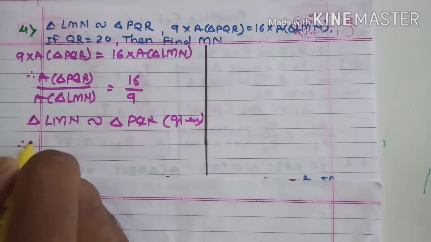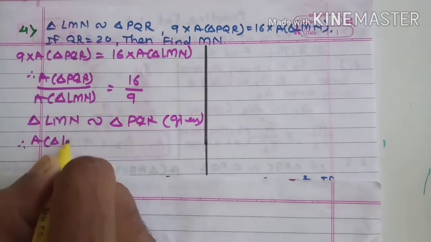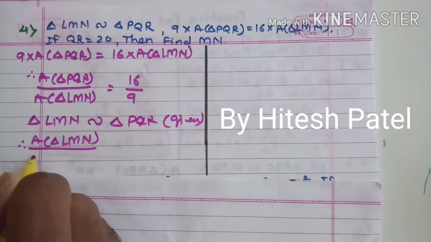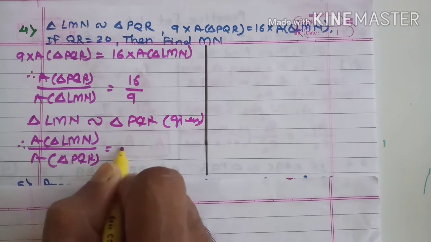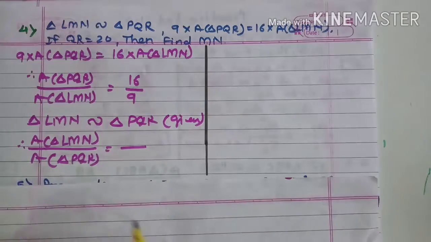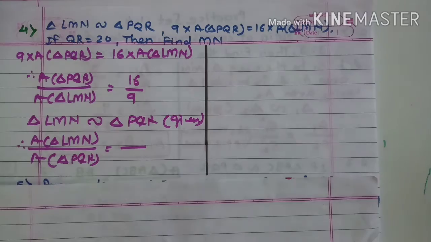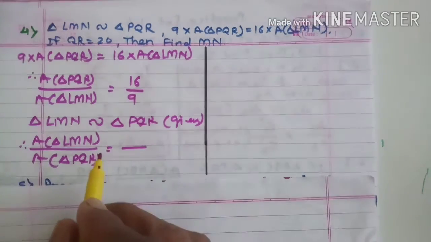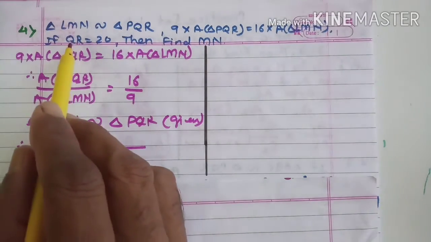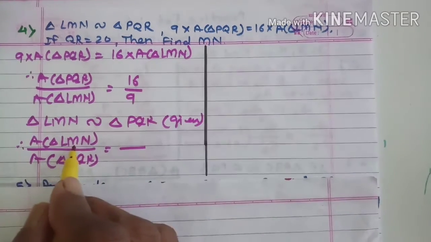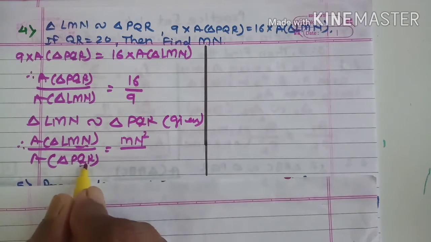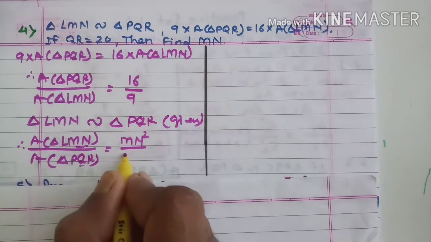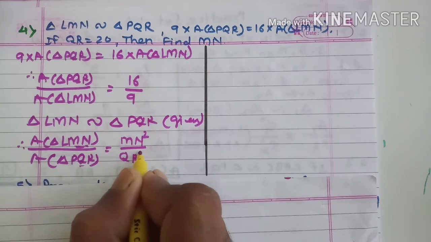Therefore area of triangle LMN upon area of triangle PQR is equal to, once again we have to use the theorem of area of similar triangles. Here we have to find the length of MN. So take MN square, and in the denominator the corresponding side of MN in triangle PQR is QR square.